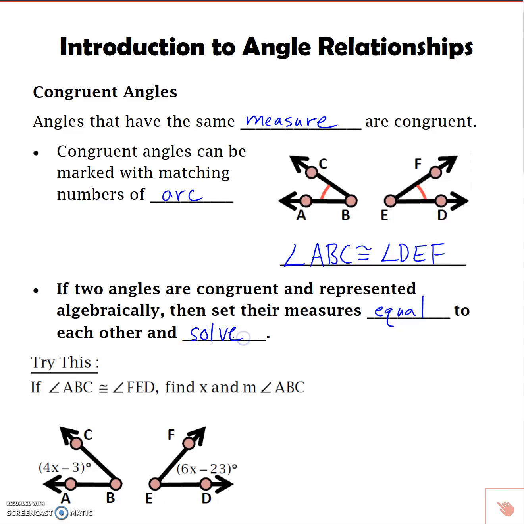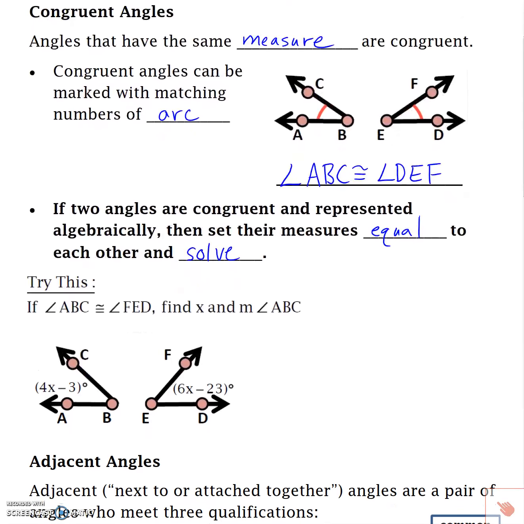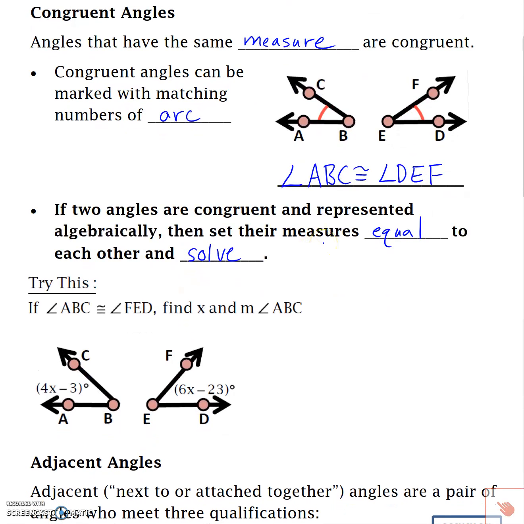This is a situation where we have angle equals angle, or part equals part. It's very similar to when we had congruent segments. So the measure of angle ABC equals the measure of angle DEF.